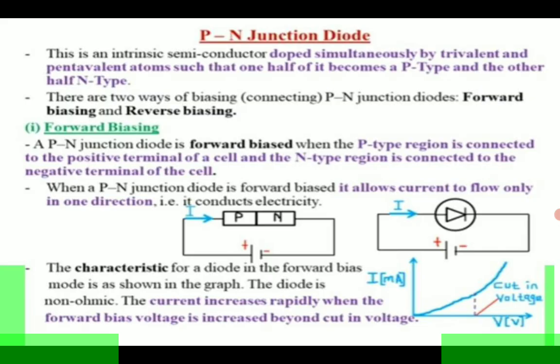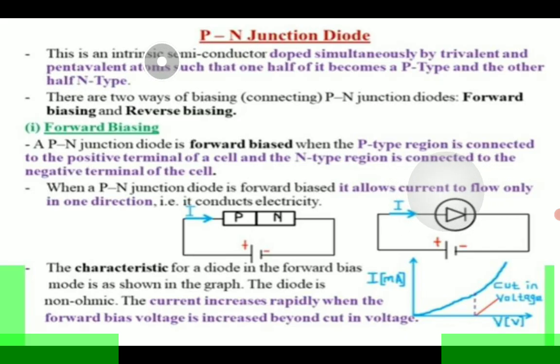So welcome to the p-n junction diode. We are going to define the p-n junction diode in the following manner. We define a p-n junction diode as an intrinsic semiconductor.